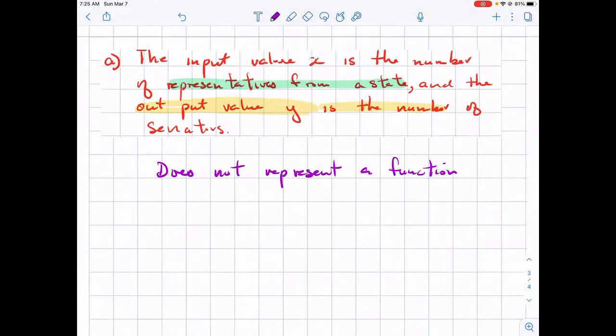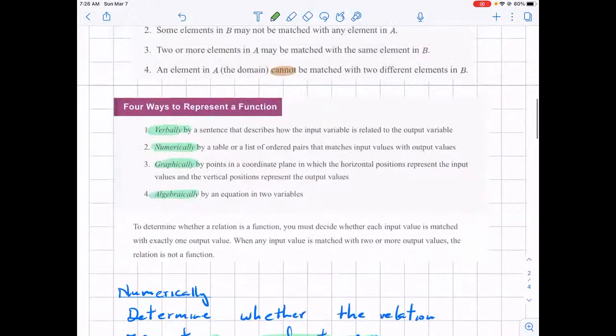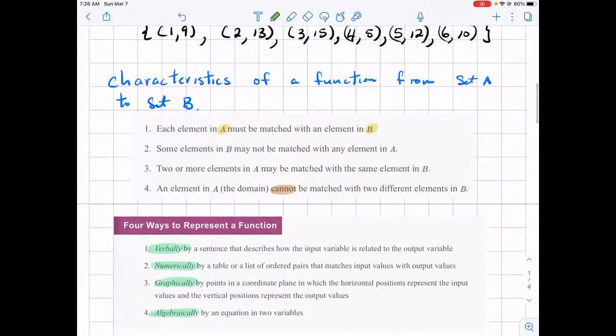Now, if we look at scenario B, this is not a function either, because if you notice here, 2 is matched onto 11, and 2 repeats and is also matched onto 10. So we cannot have that repeated value, and that's one of the things we said earlier.